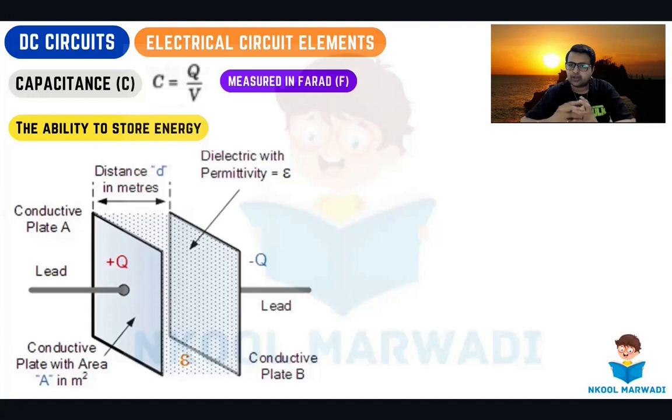Okay, students. So the next important electrical circuit element in a DC circuit is capacitance. Capacitance is also an inherent property. So what is capacitance? Capacitance is the ability to store electrical energy or the ability to store charge.